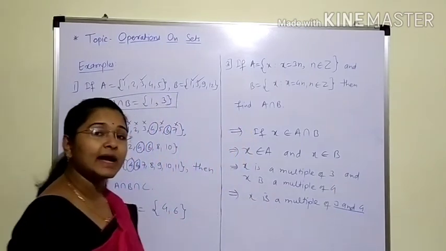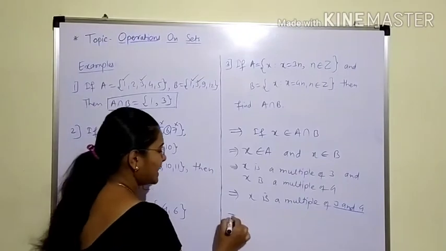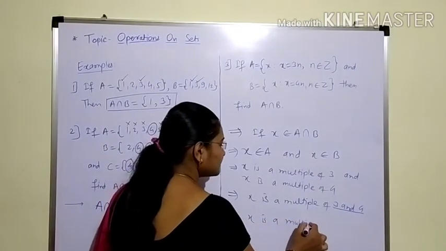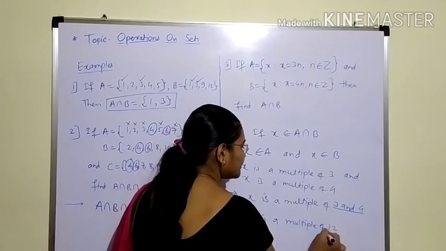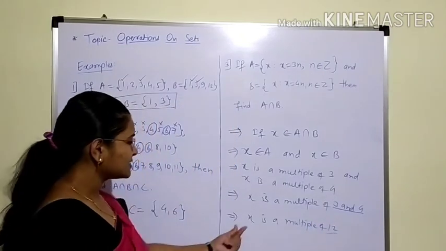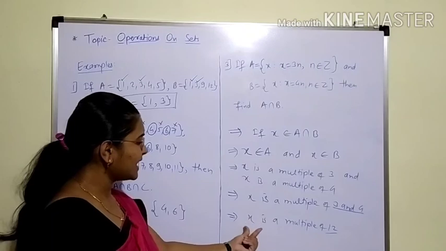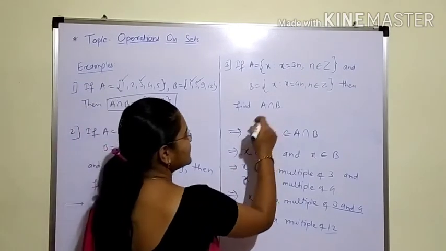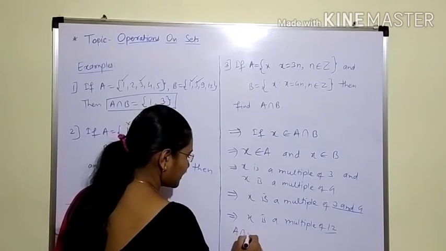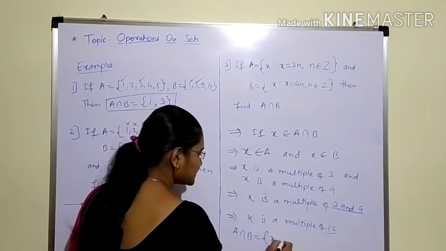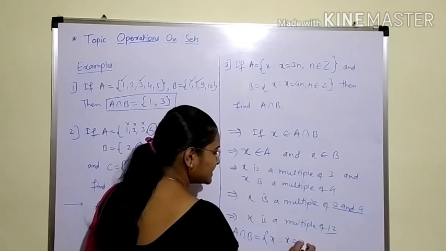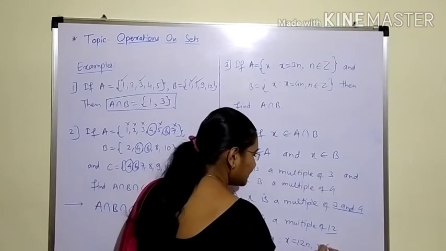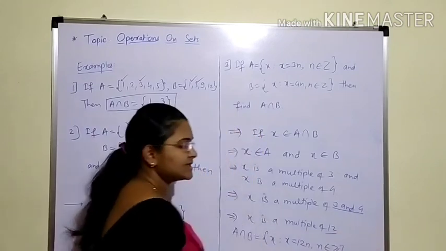Of 3 and 4 means x is a multiple of 12. So in the intersection x will be a multiple of 12. So we can write this A intersection B as the set of x such that x equals 12 times n, where n belongs to the set of integers.